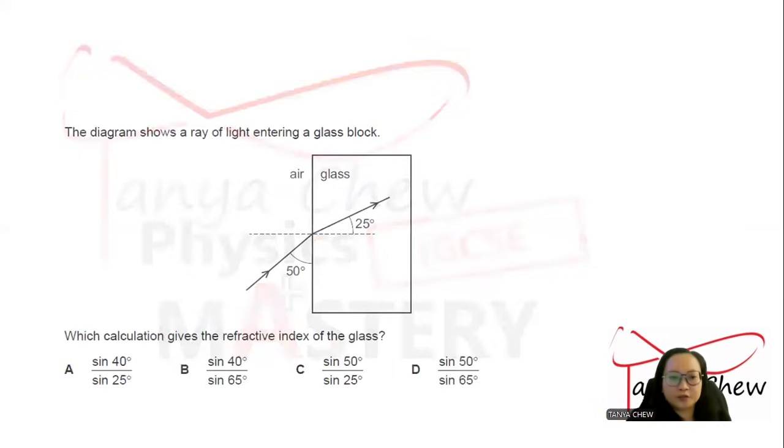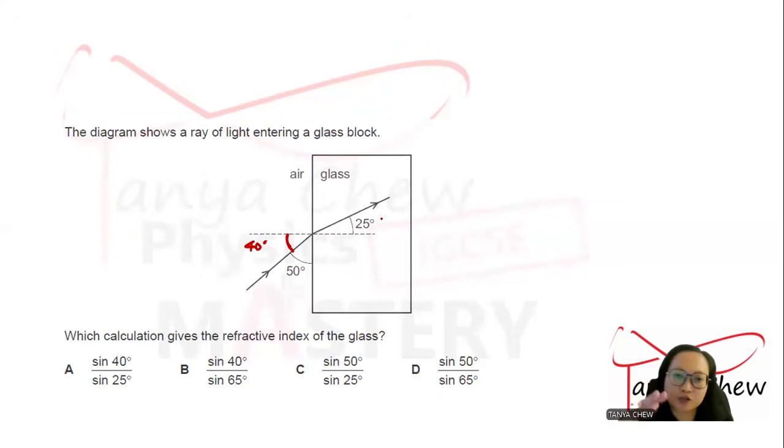Like for this one, which calculation gives the refractive index of the glass? You can see that the ray of light is traveling from air to glass. First of all, identify which is your incident angle. This is the incident angle, 40 degrees, 90 minus 50 is 40 degrees. The incident angle is the angle between the incident ray and the normal. Refracted angle, yes, 25 is the refracted angle.